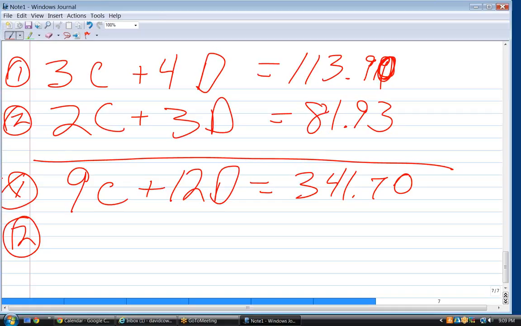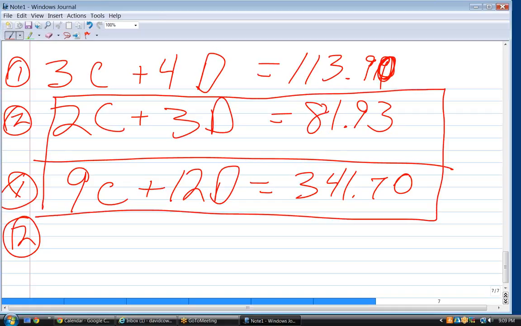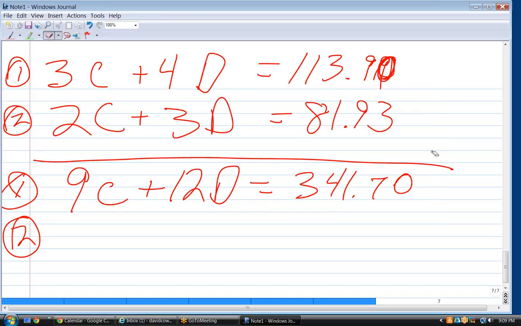In other words, if I look at just equation 1 and equation 2 now, I get nothing to disappear, right? By either adding or subtracting. So I have to manipulate equation 2 also. What can I multiply equation 2 by? Oh, you can do it by 4. Okay.